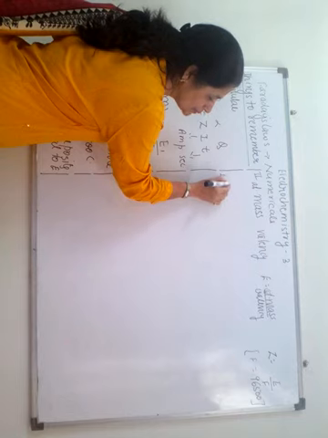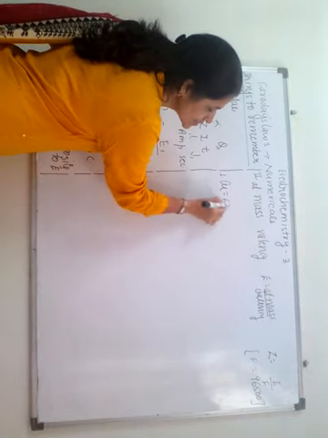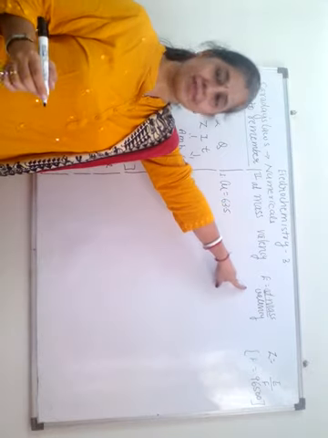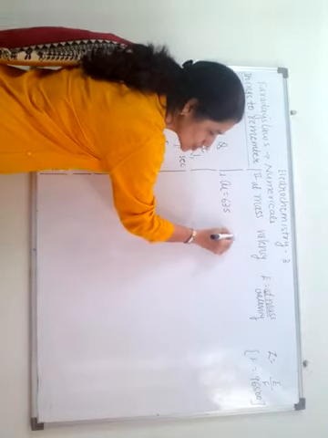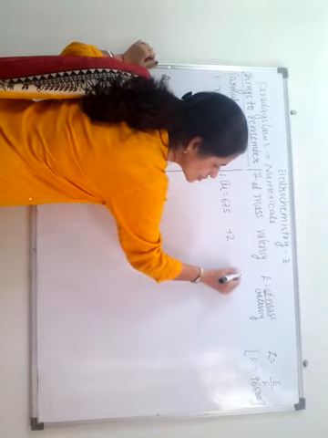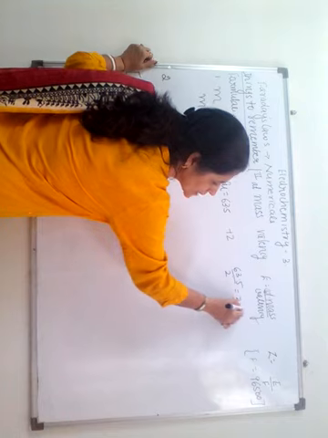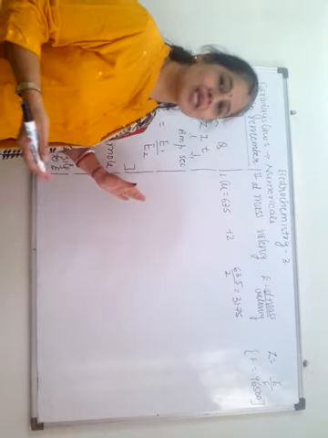Atomic mass of copper is 63.5. If we need to calculate E, then we need to know the valency. Valency is +2 and equivalent mass is 63.5 upon 2, that is 31.75. That is how we calculate E.